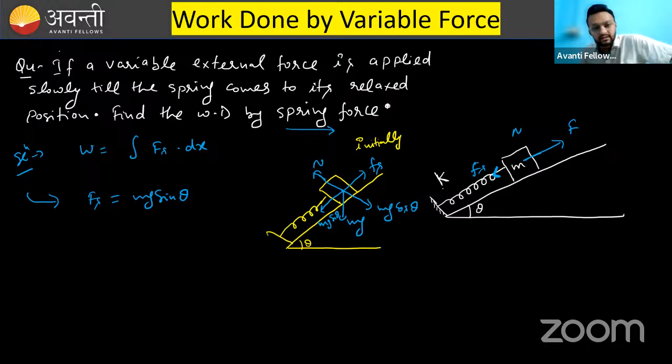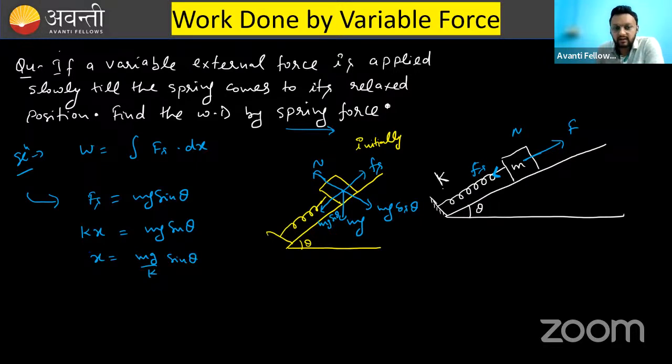Now, if this is clear, spring force is kx equals mg sin theta. Then the displacement x equals mg sin theta by k. This x is the initial displacement of the block.